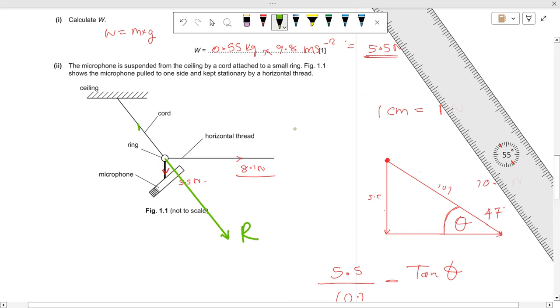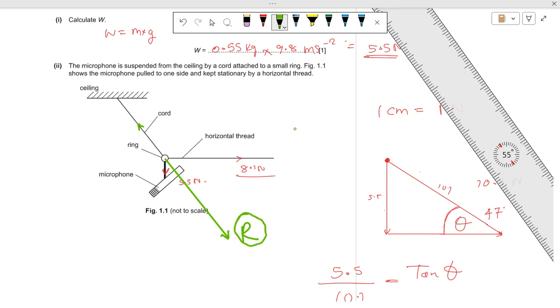The mic is in equilibrium, so this resultant force and the tension of the cord must be opposite in direction and equal in magnitude.